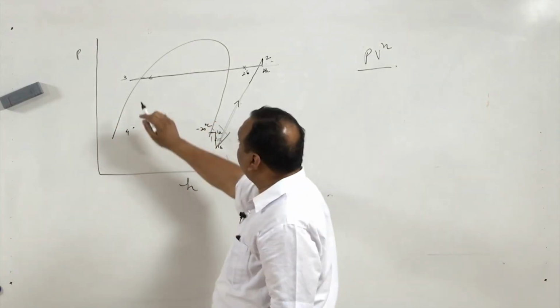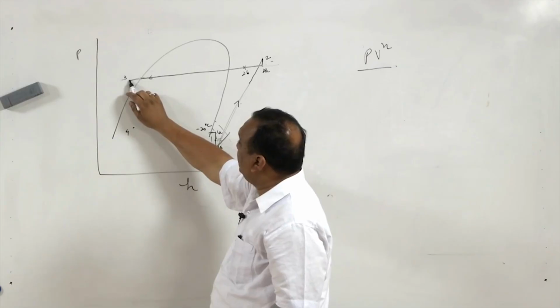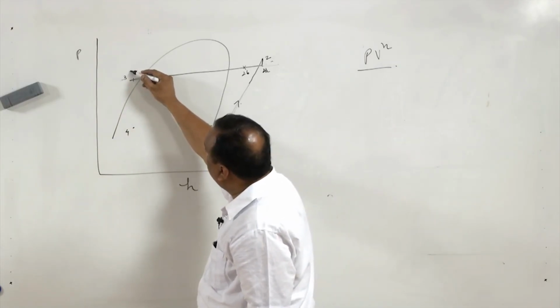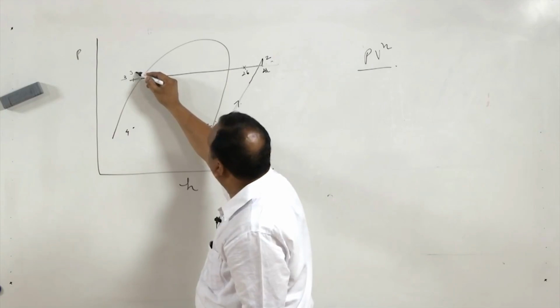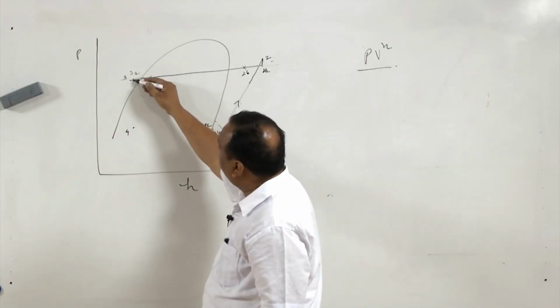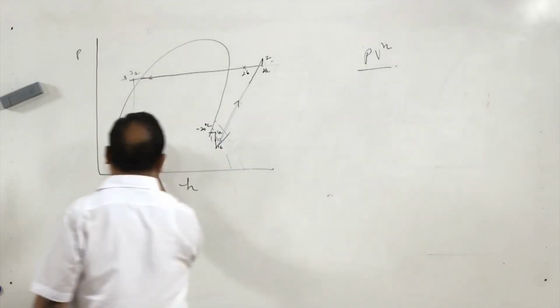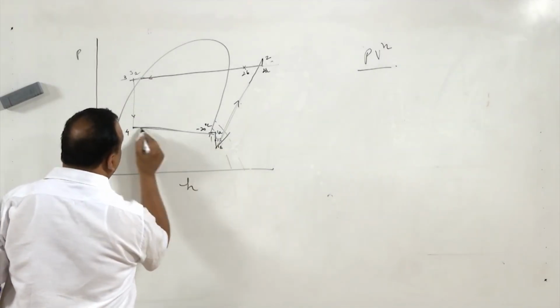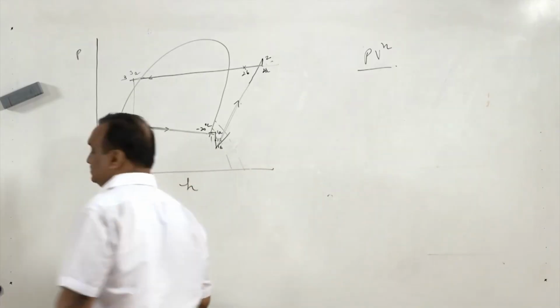It is also possible that the liquid may pick up some heat from the surroundings and some heating takes place, and instead of 3 we get 3A here. Expansion takes place in an expansion device and then in process 4 to 1, again a pressure drop takes place.